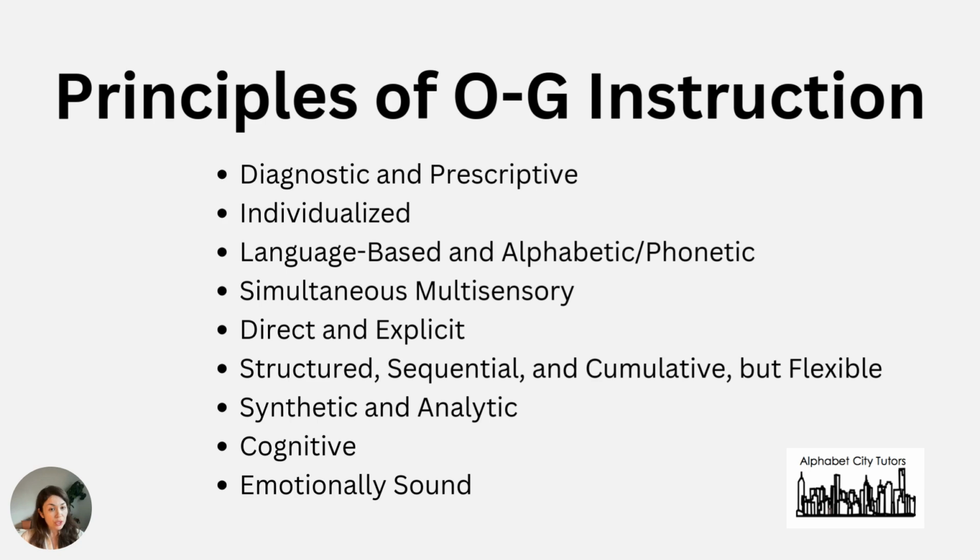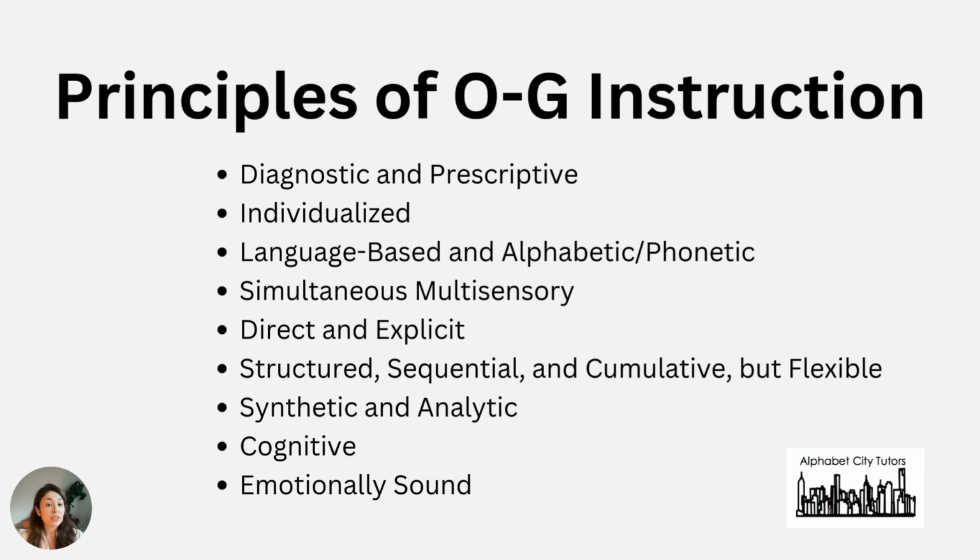Our work is structured, sequential, and cumulative, but also flexible. So we do have a structure to our lesson, although there's room for flexibility depending on the needs of the student. We do go in a sequence. We have to choose an order of what to teach, but there's no one set scope and sequence that all OG practitioners follow, or even each practitioner might follow a different sequence depending on the needs of that particular student.